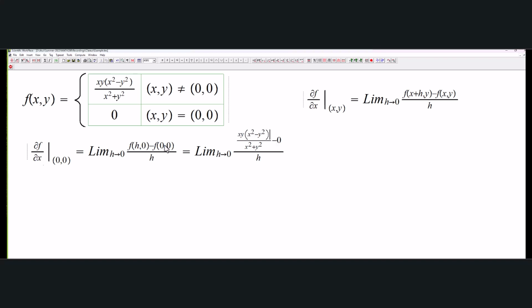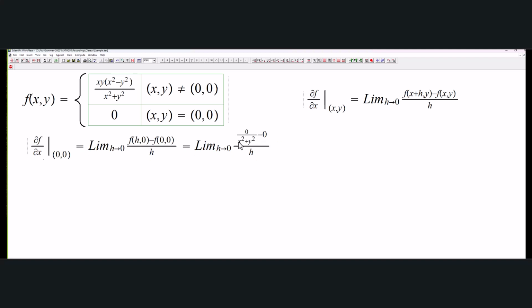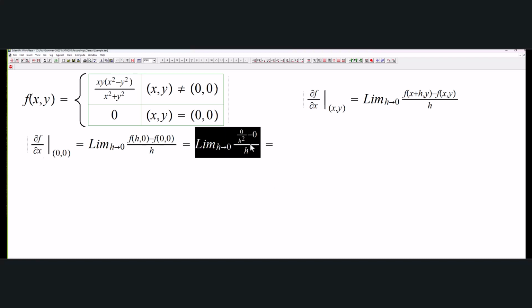Since y is 0, this whole thing is going to become 0 because it's multiplied with that, and for x, I have h, so I got h squared here. As I said, at the moment we may treat h as different from 0. So this is 0 minus 0 over h, which will be 0, and so the partial derivative at 0, 0 is 0.